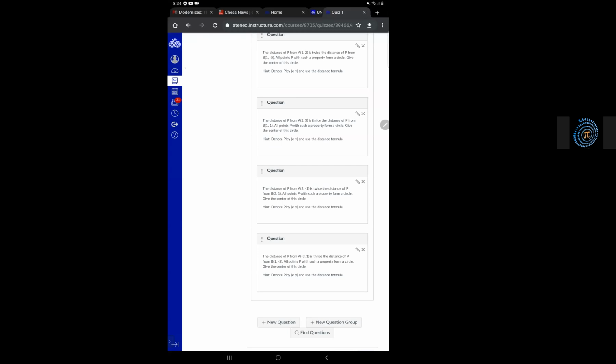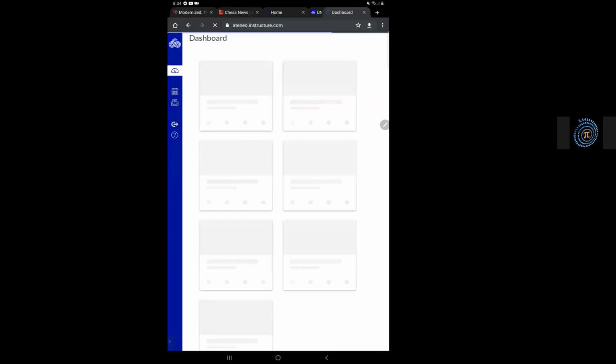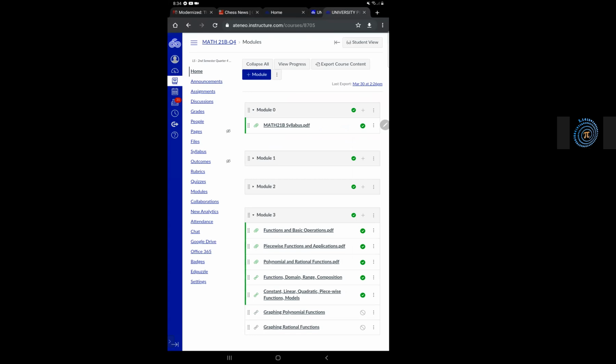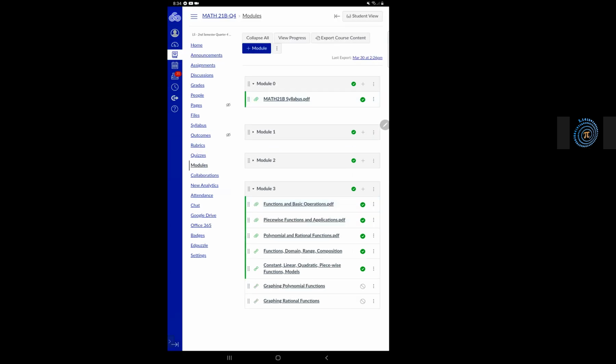You already viewed module three, where you already have functions, domain and range, and then examples of functions: constant, linear, quadratic, and especially piecewise functions. You can just study them and view them asynchronously.